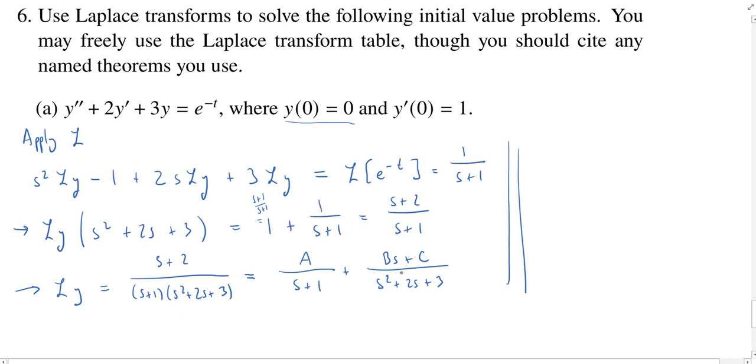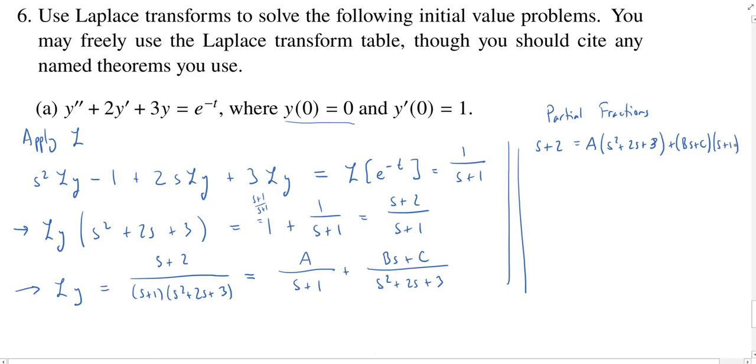So if we cleared the denominator, so I'm going to do the partial fractions over here, I would have s plus 2 is equal to A times, okay, the s plus 1 cancels, and I get the quadratic. So A times s squared plus 2s plus 3. And then plus, I have Bs plus C, the quadratic cancels, and so I multiply by s plus 1.